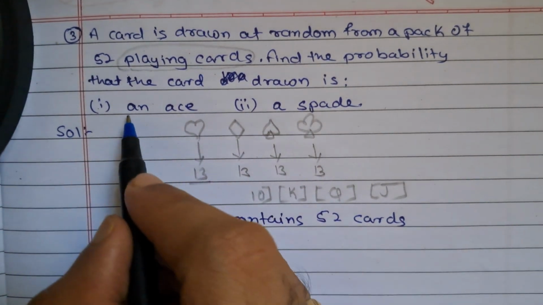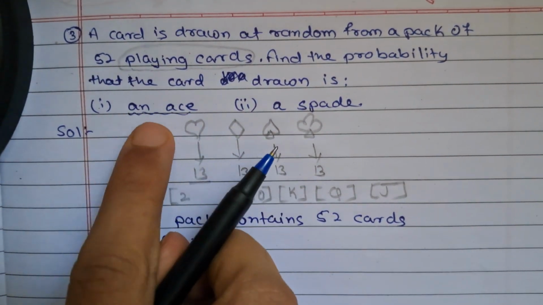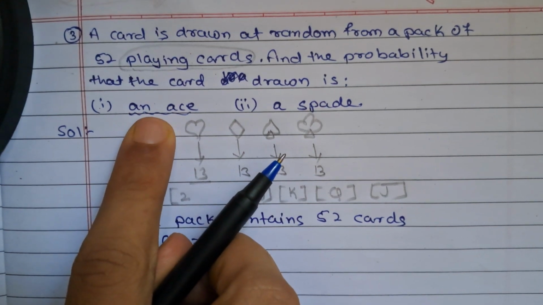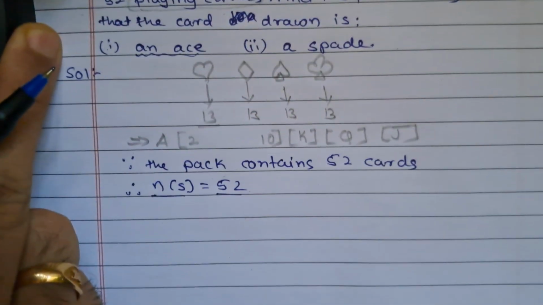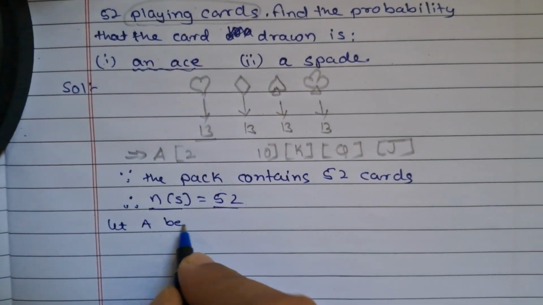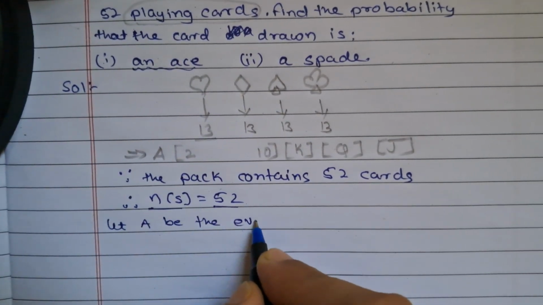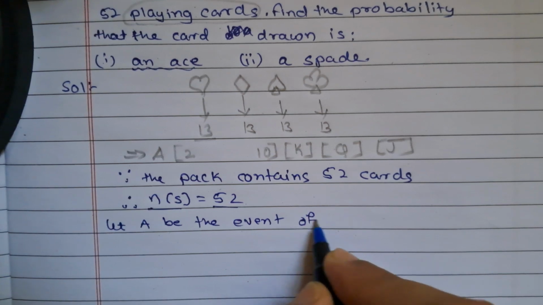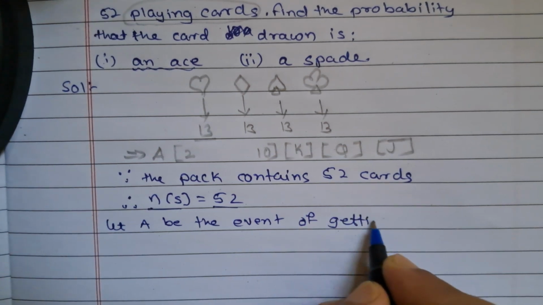Now let's see the first event that they are looking for. They are looking for an event where the card drawn is an ace card. So I will say, let A be the event of getting an ace card.